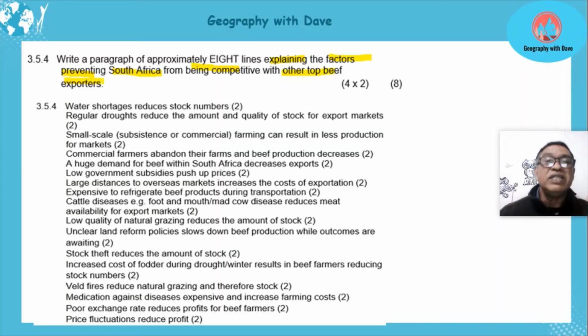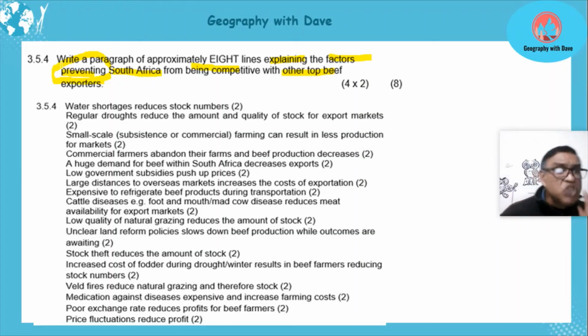Watch the words. Explaining factors preventing South Africa. Important word here, learners. When learners answered this paper, a significant number did not look at the word preventing, and they just went factors favoring. It's preventing.